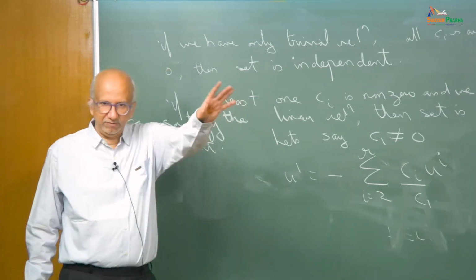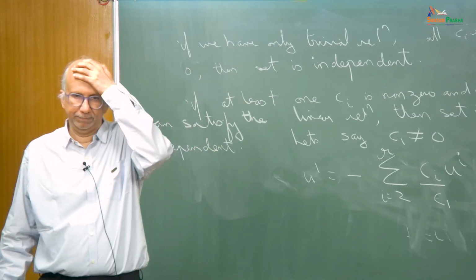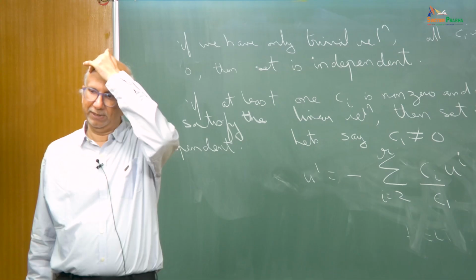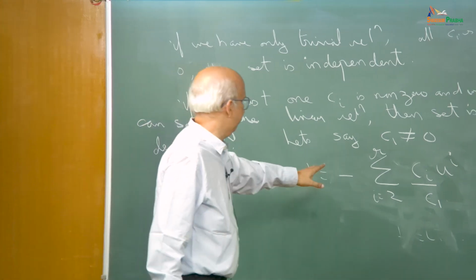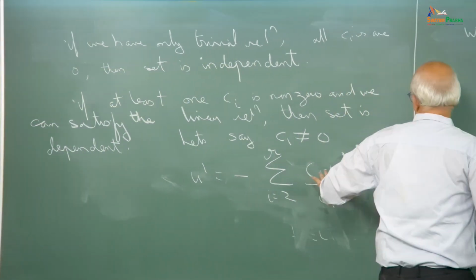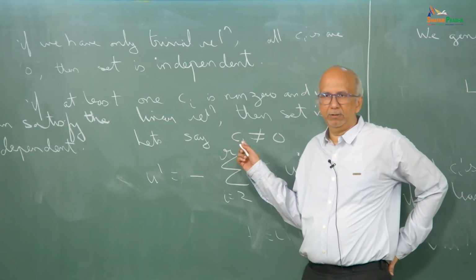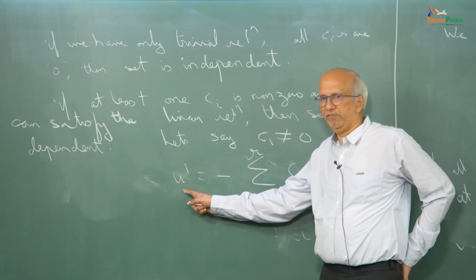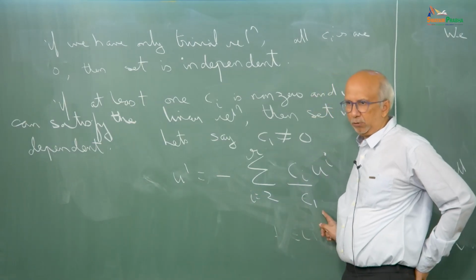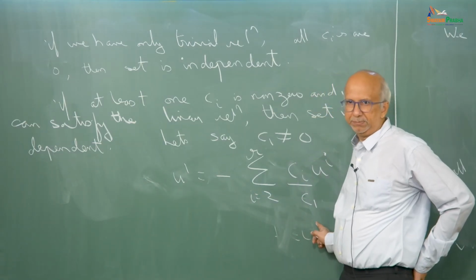So, what have I done? I have just taken the C1 U1 outside and then all the others I am combining. That is the reason I can do the summation from 2 to R. So, if I say dependent, what do I mean? I mean one of the vectors is a linear combination of all the other vectors.